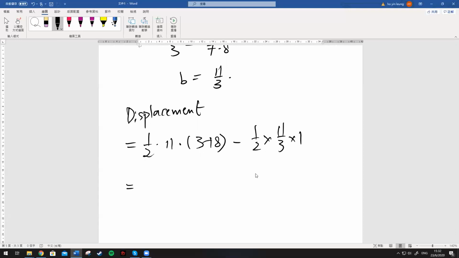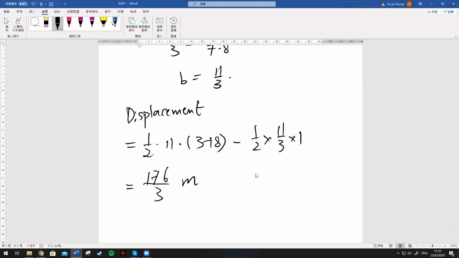Sorry, can you repeat? 176 over 3. Over 3, okay. And then the unit is meter here. Is that okay? Yeah, I have a question. No, never mind. Okay, all right. And that's about the velocity time graph.